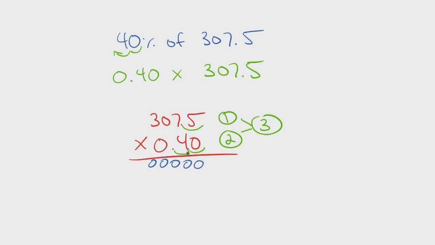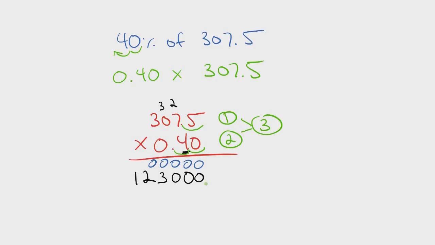Oh, before we do 4 times 5, we need to add a placeholder because we're starting in the tens place. 4 times 5 is 20, carry 2. 4 times 7 is 28, plus 2 is 30, so we put a 0 and carry the 3. 4 times 0 is 0, plus 3 is 3, and 4 times 3 is 12.